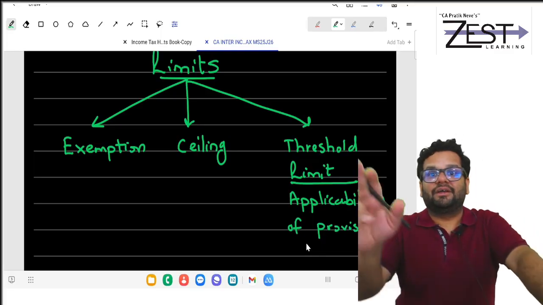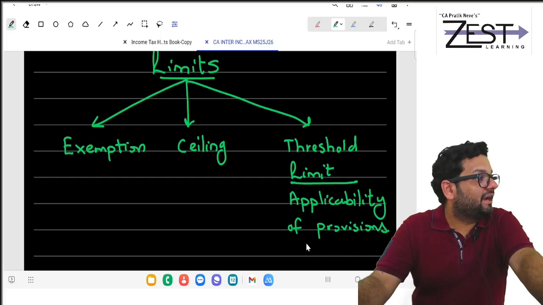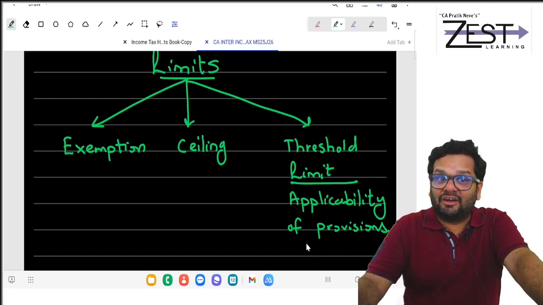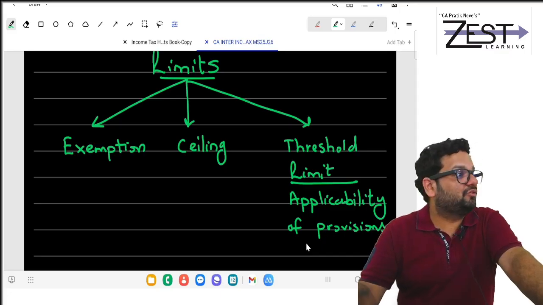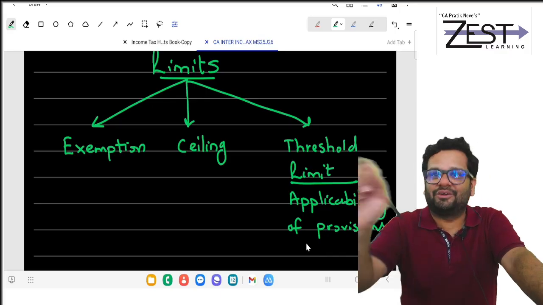Means what? If advance tax payable is 10,000 or more, then advance tax provisions will apply. Threshold. If an amount paid in cash in excess of 10,000 on a single day to a single person is done for expense, then that amount gets disallowed. Threshold.